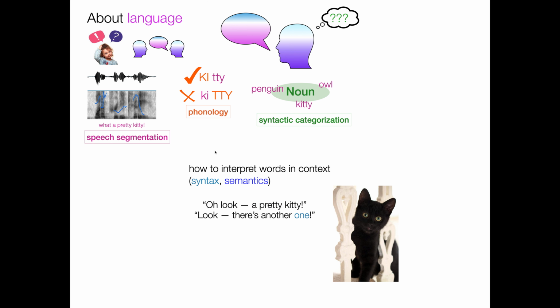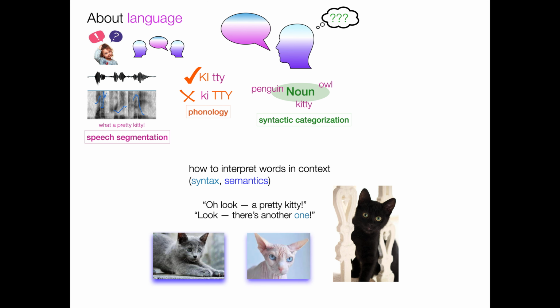We also know how to interpret words in context, which is knowledge of syntax, the structure of language, and semantics, the meaning, right? So if I say, oh, look, a pretty kitty, right? Talking about this kitty right here. Look, there's another one. Another what? What does one mean? Well, in this context, maybe it means another pretty kitty, or maybe it just means another kitty who maybe isn't so pretty.